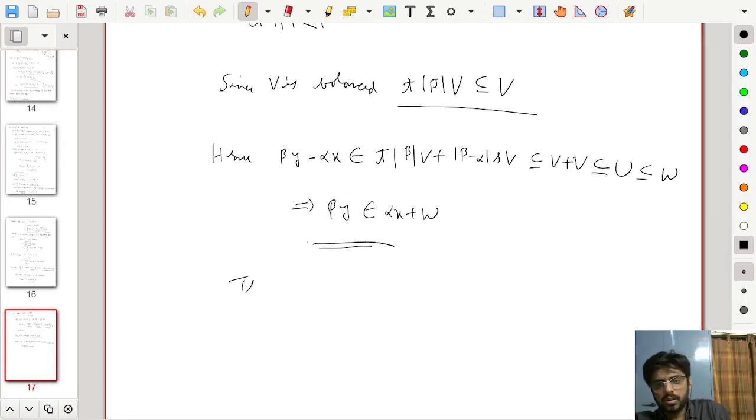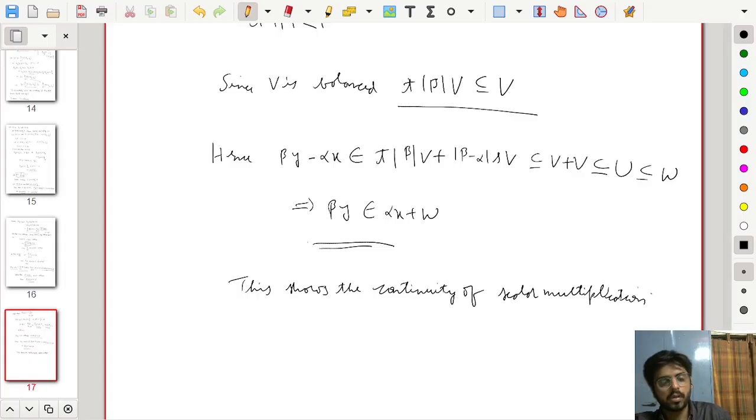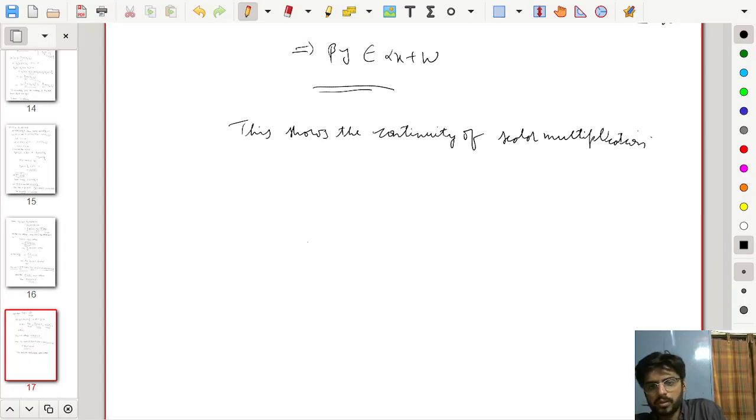So this shows the continuity of scalar multiplication. Finally, we have to show each seminorm is continuous.